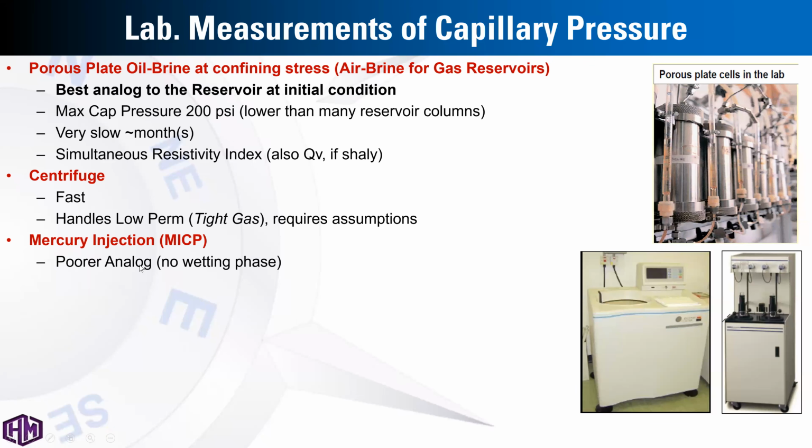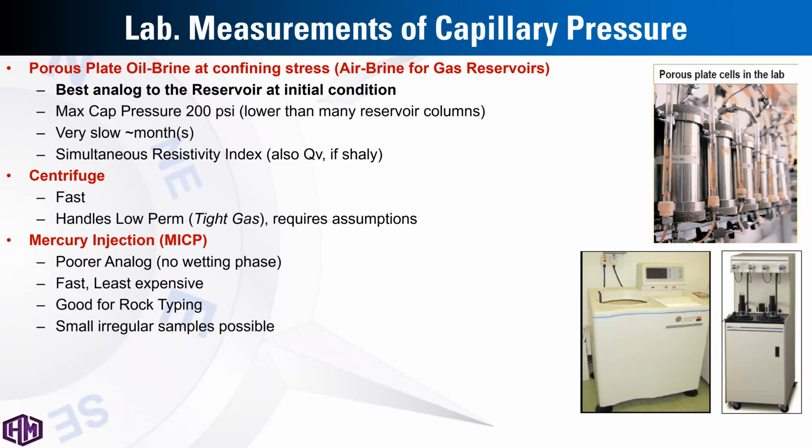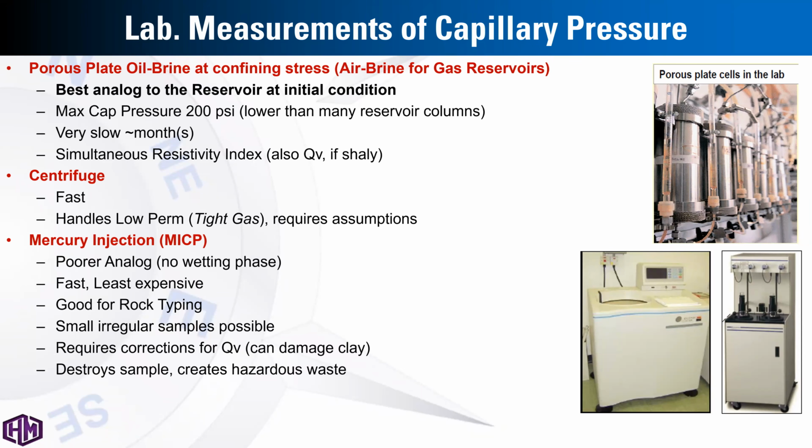In this process we have air and mercury as two different phases, so no wetting phase is in the mercury injection lab measurements. But the importance of this technique is that it's a fast measurement and low cost, good for rock typing, and can handle small and irregular rock samples and so on. But correction may be required.